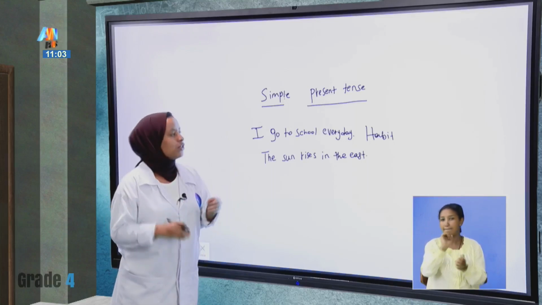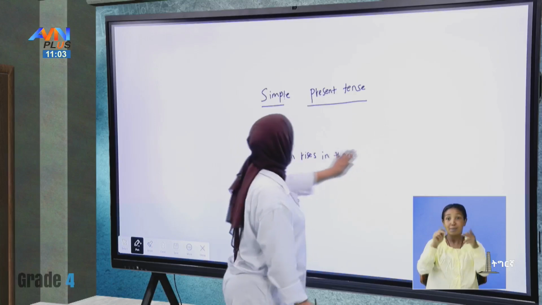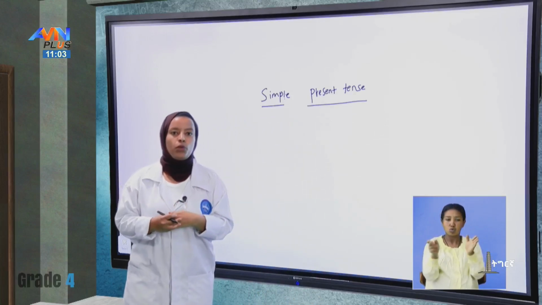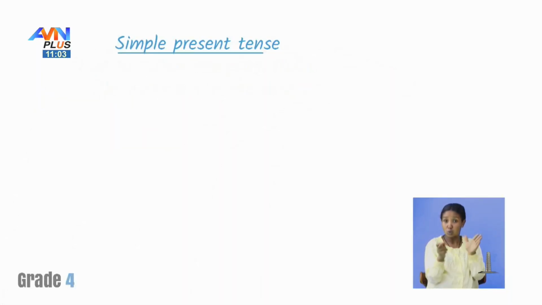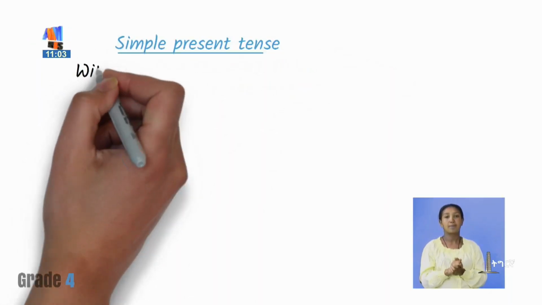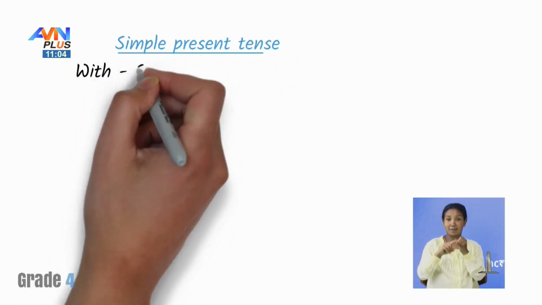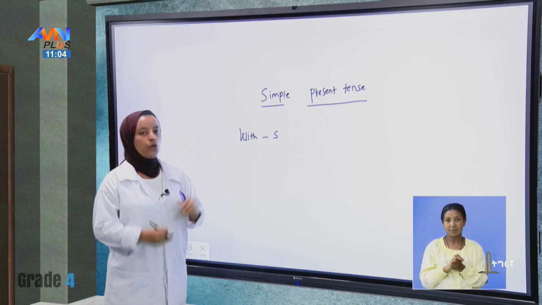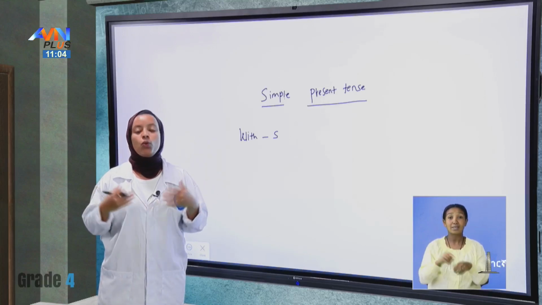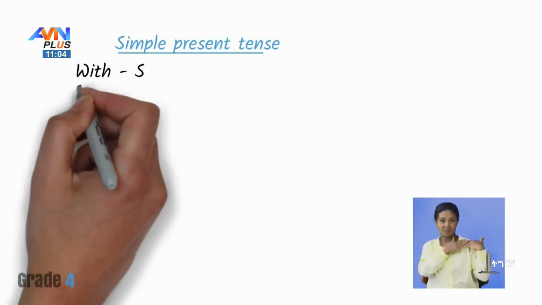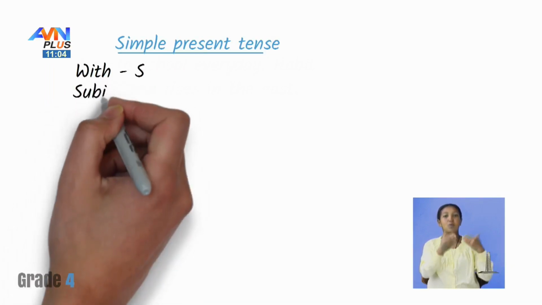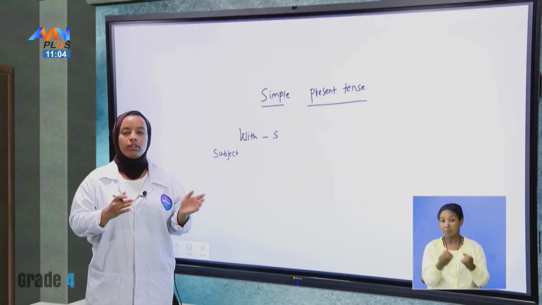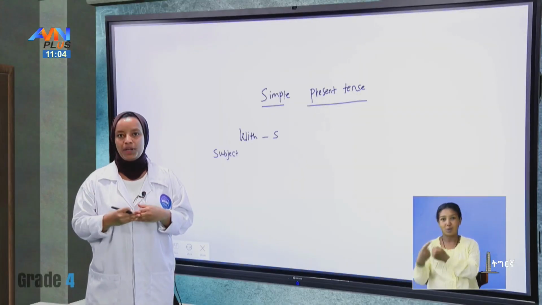Students, when we come to simple present tense, we also have some grammar rules. So let me show you that. The first is about the ending with S. Always in the sentence, we have a subject. The subject can be plural, and it could also be singular.